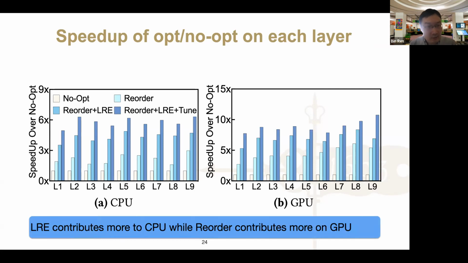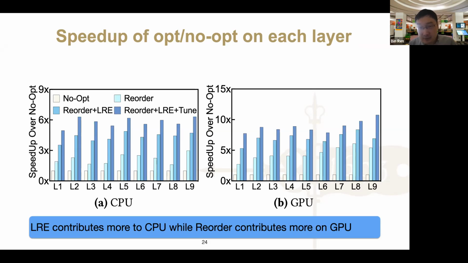If we take a closer look, we can see on the mobile CPU, the low redundancy elimination contributes more than the others. This is because the CPU has a limited number of registers, and the low redundancy elimination can improve the utilization of the registers. So that's why the low redundancy elimination impacts the CPU performance more. If you take a look at the GPU result, we can see the reorder contributes more to the mobile GPU.